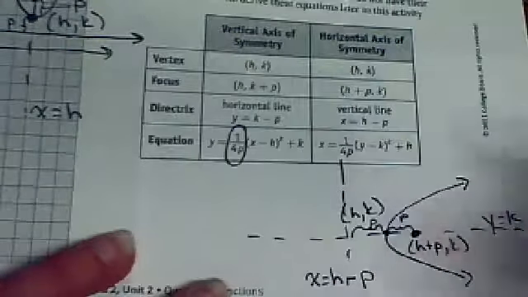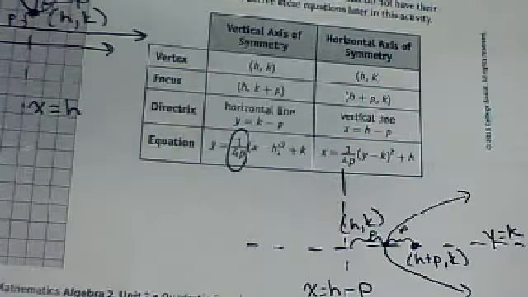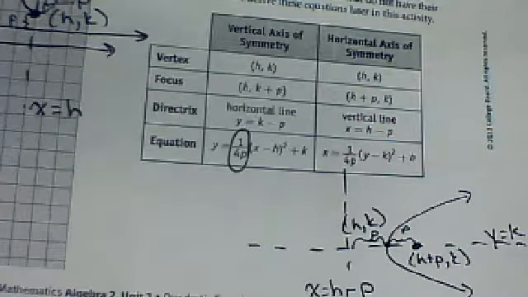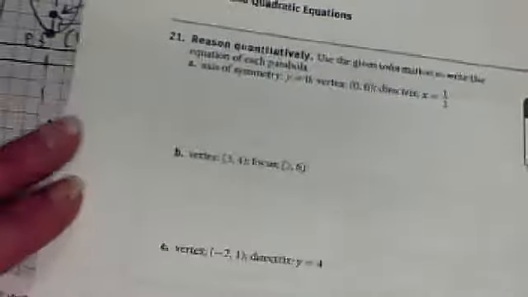Now all of these are in this table here. And let's look at how we can use them to graph, to write equations of parabolas. So let's start with the first one on the next page.